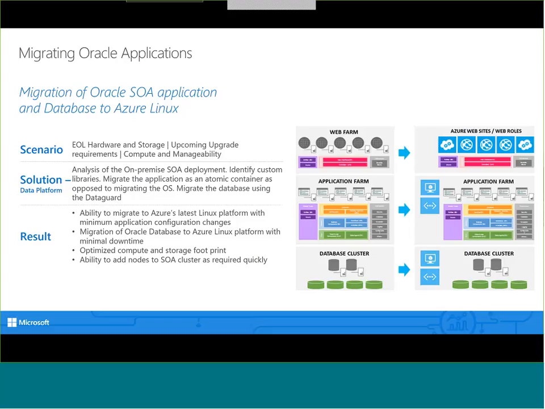What is required from the prereq standpoint? We deployed those prereq libraries on the Azure Linux platform, and then we migrated the server application and superimposed on top of it.